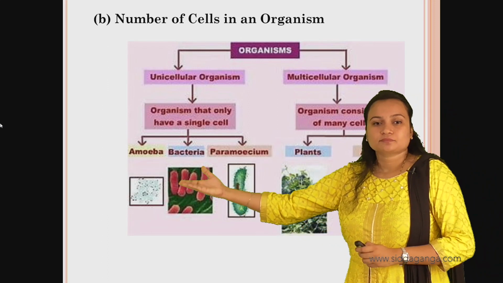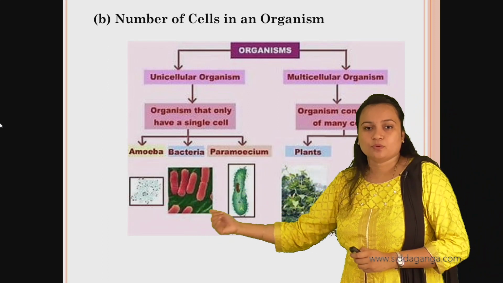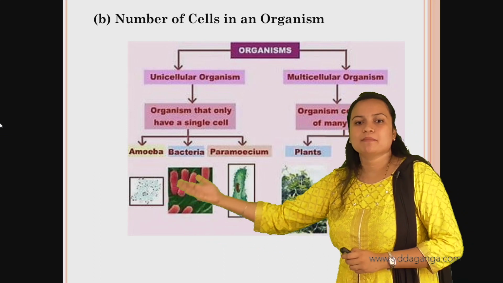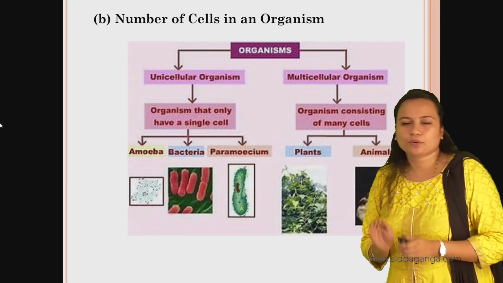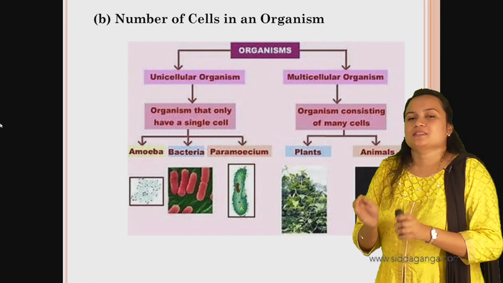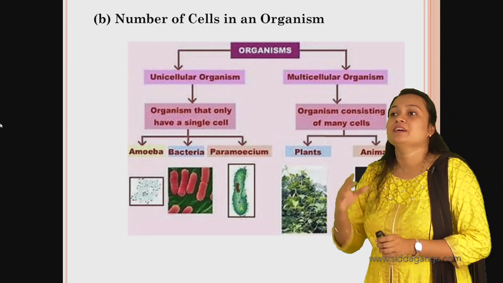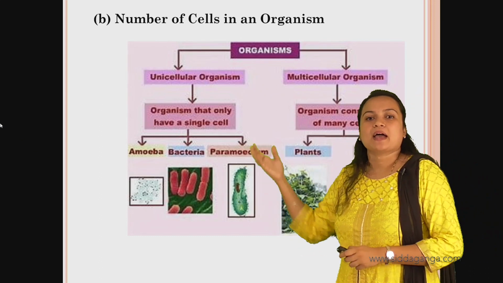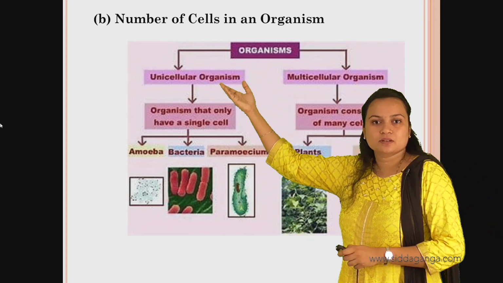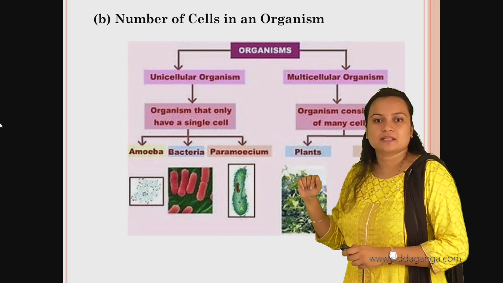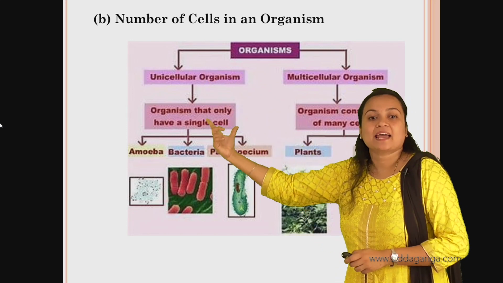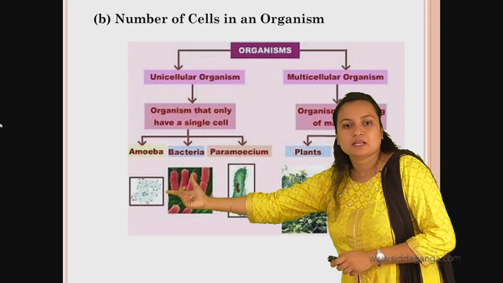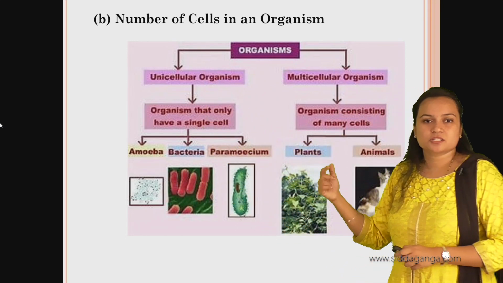So here the bacteria is prokaryotic, whereas amoeba and paramecium are eukaryotic, but they don't have the capacity of being multicellular. So we can group them as unicellular organisms, organisms that have only a single cell, like amoeba, bacteria, paramecium.